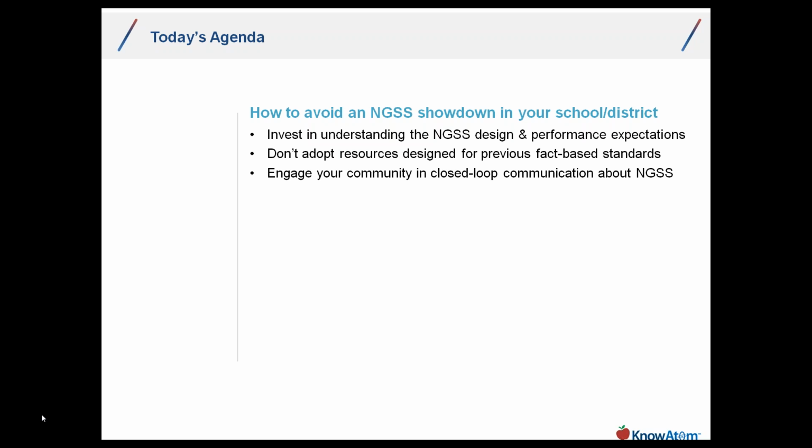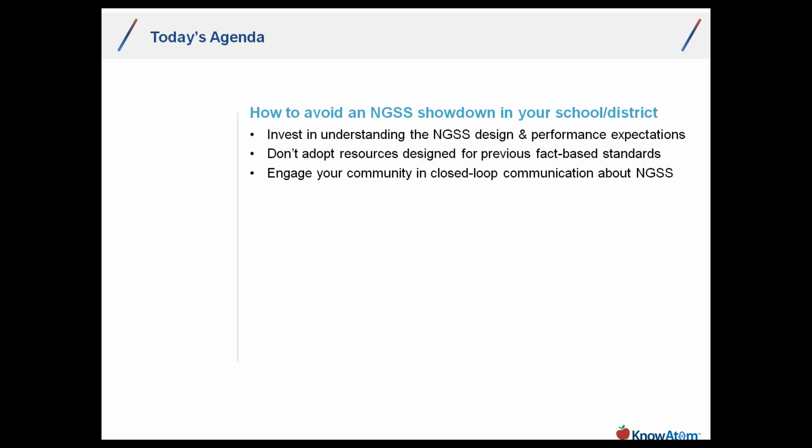So how to avoid a Next Generation Science Standards showdown in your school or district? Basically three things. Understand the design of the Next Generation Science Standards and that they're performance expectations. This is not about recalling facts.